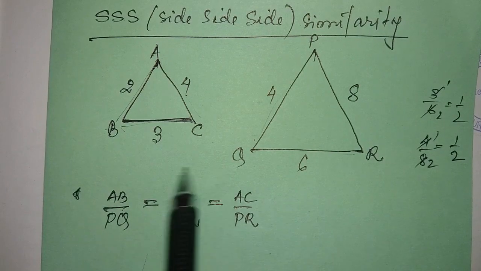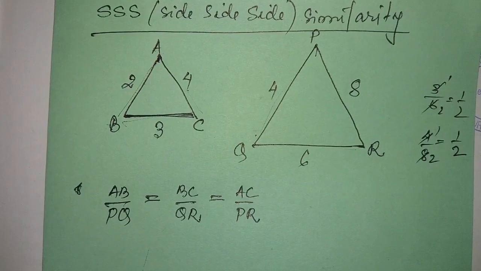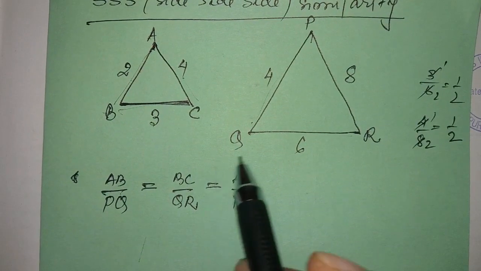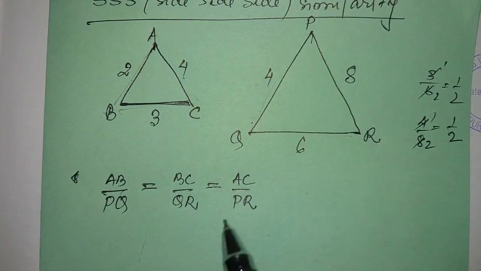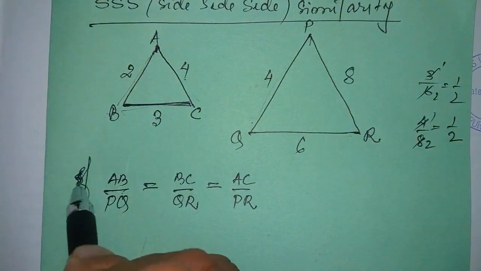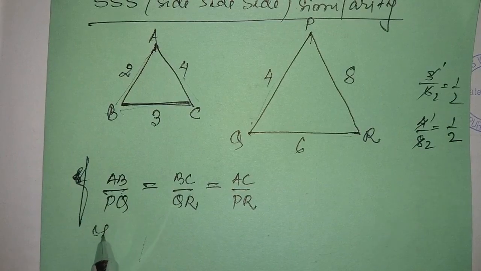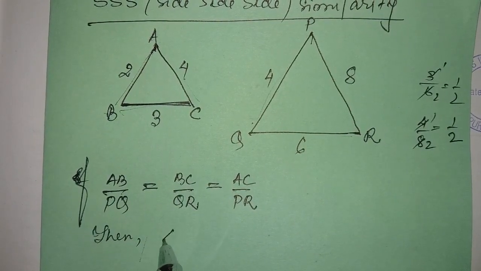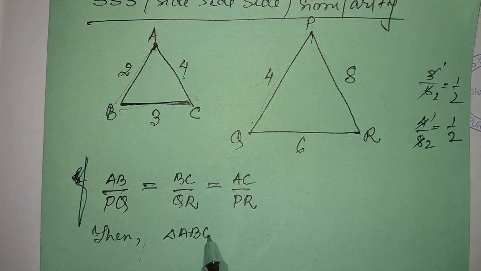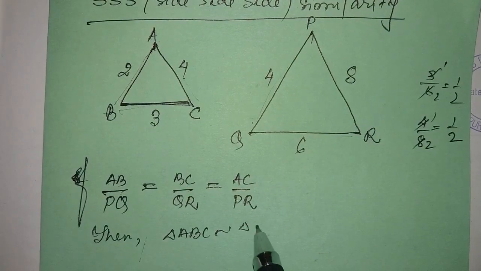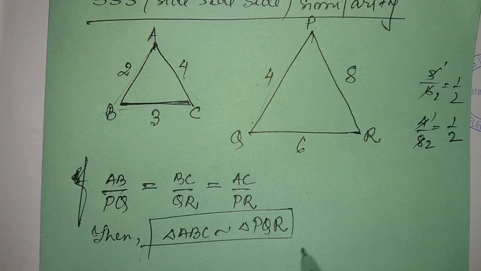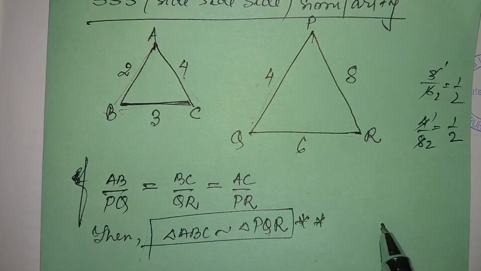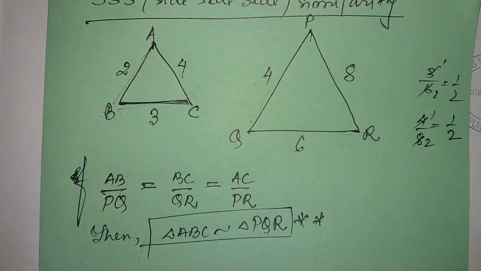So we say that the corresponding sides are proportional. Now what the theorem says here is, if the corresponding sides are proportional, then the two triangles are similar. So that is side-side-side similarity.